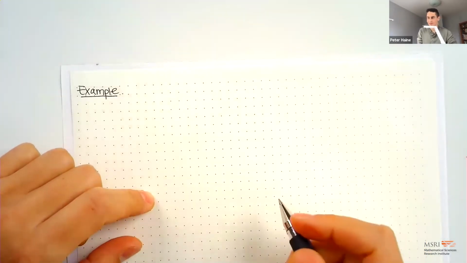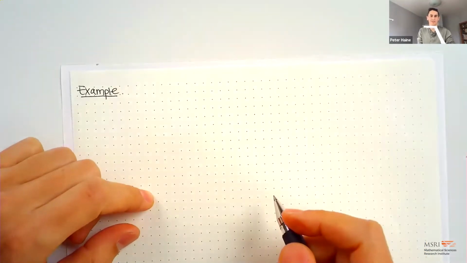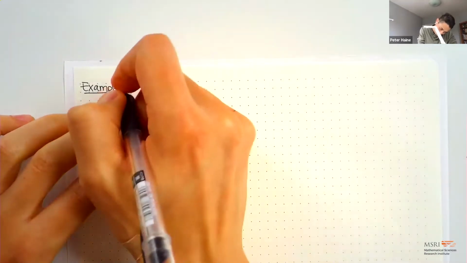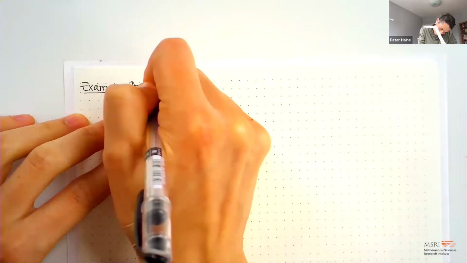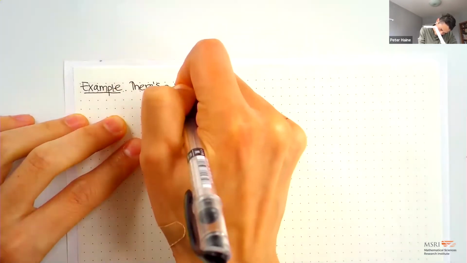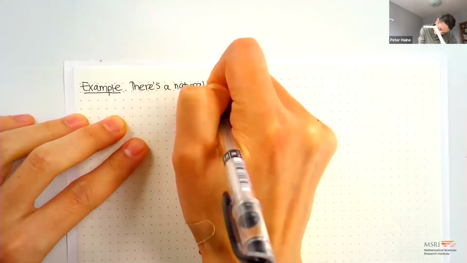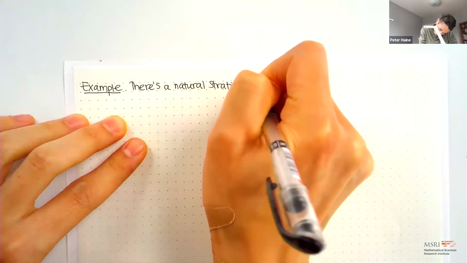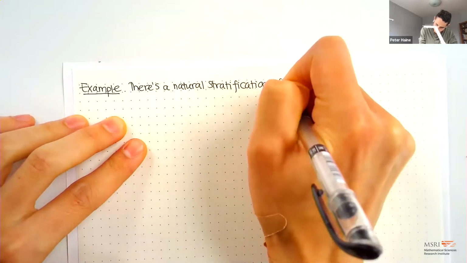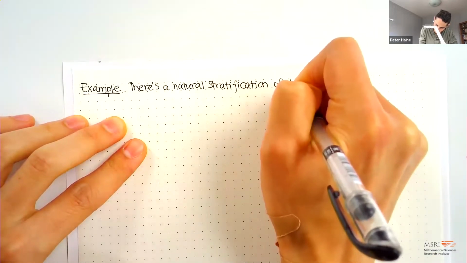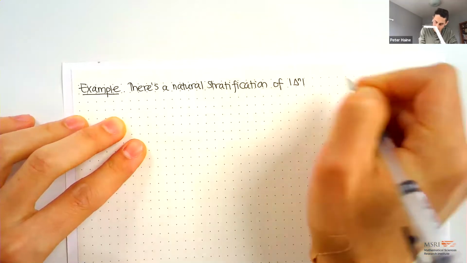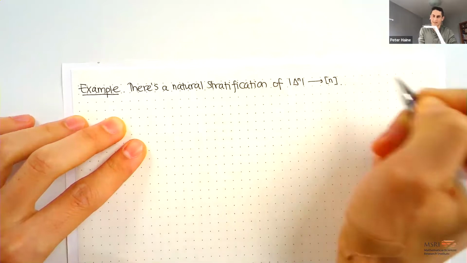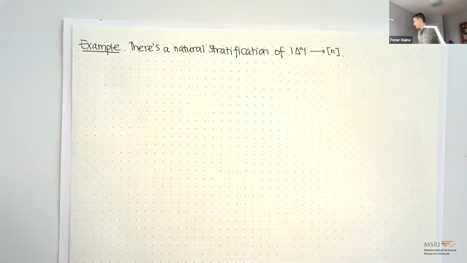So here's another pretty simple but extremely important example. There's a natural stratification of, let me write this as, bar delta n, the topological n-simplex, by the poset bracket n.